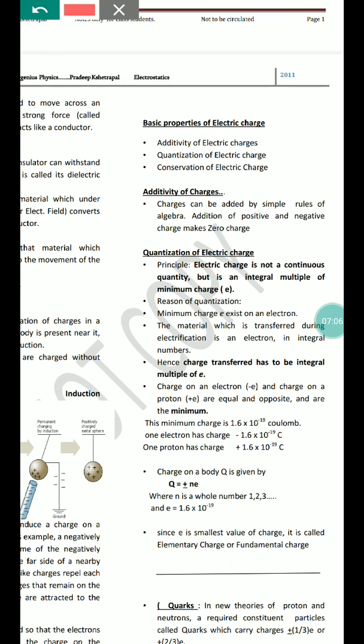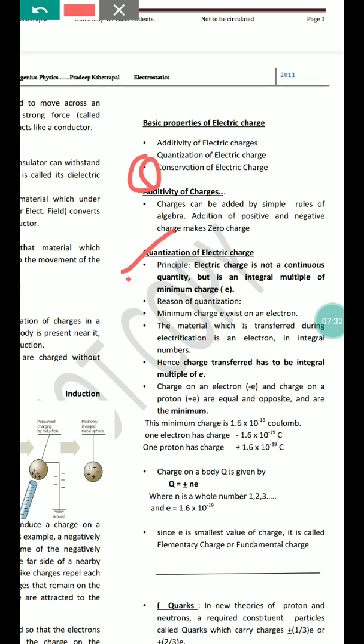And the second is the quantization of electric charge. The principle of quantization is that electric charge is not a continuous quantity but is an integral multiple of a minimum charge. Hence, while transferring charge from one body to another body, we can transfer an integral multiple of e.